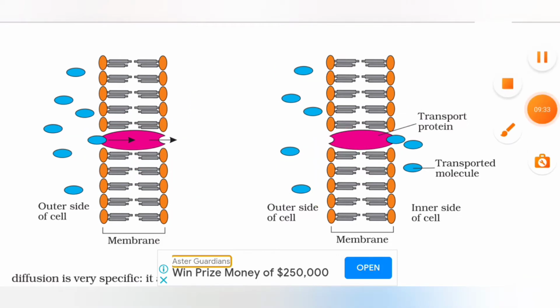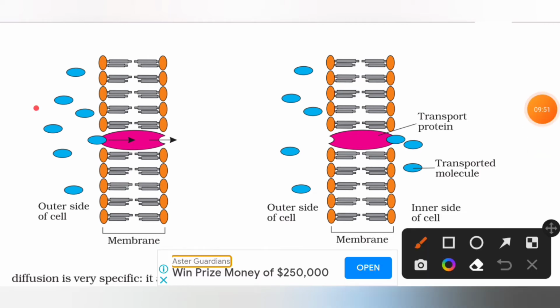Right, this figure shows the extracellular molecule bound to the transport protein. What happens once the molecule is transported through this transport protein is that it will rotate and release the molecule inside the cell. Once the molecule touches the transport protein, it will rotate immediately.